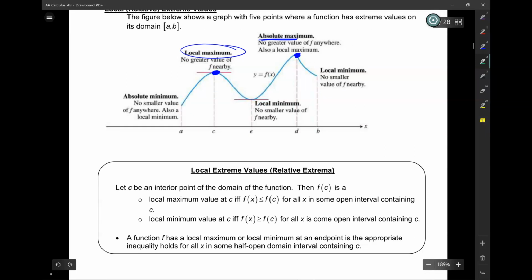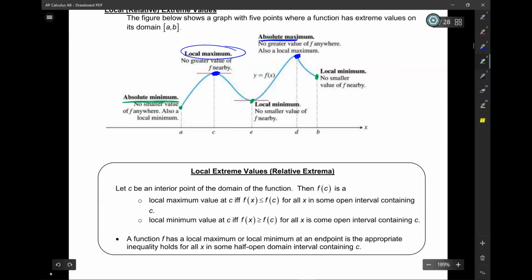Okay, and now look at the minima. I have a minimum point here, right? Because it's going down. I have a minimum point here. Clearly, that's a valley. And then I have another minimum point there. The lowest is the absolute minimum. This is a local minimum and then another local minimum.